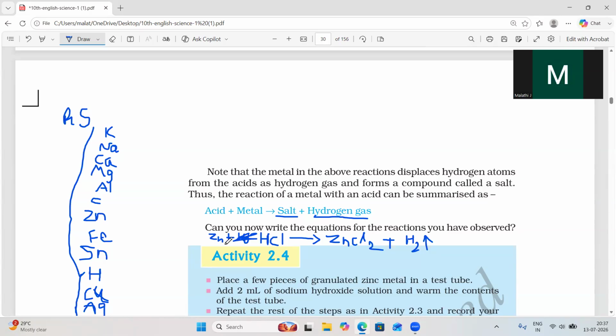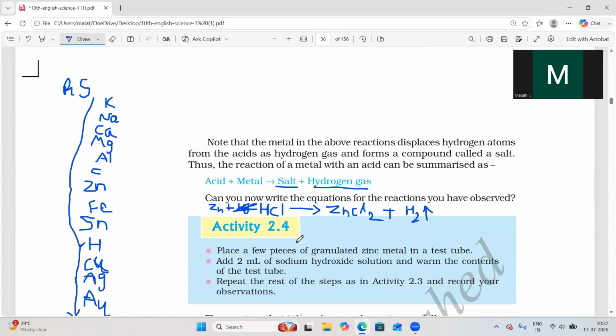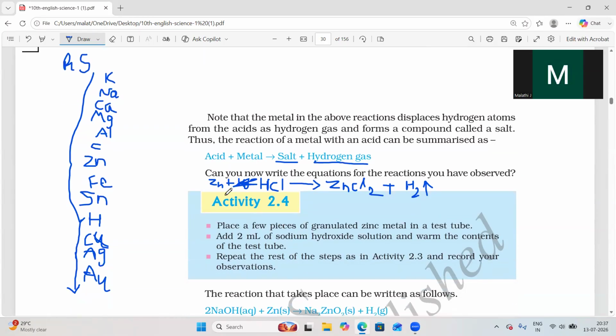One example I can take: zinc plus HCl gives rise to ZnCl2 plus hydrogen gas. If you observe here, is it possible for zinc to replace the hydrogen? If you see the reactivity series, where is zinc?